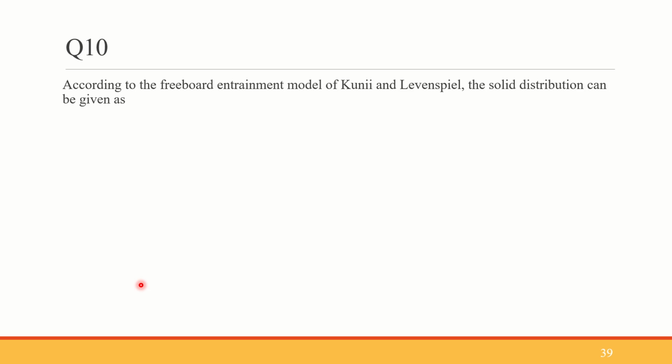In the 10th question, according to the freeboard entrainment model of Cooney-Levenspiel, the solid distribution can be defined as dash. Option A: epsilon S minus epsilon S star divided by epsilon SD minus epsilon S star is equal to exponential of minus A into ZF. Option B: the same ratio is equal to exponential of minus Zi divided by Z naught.